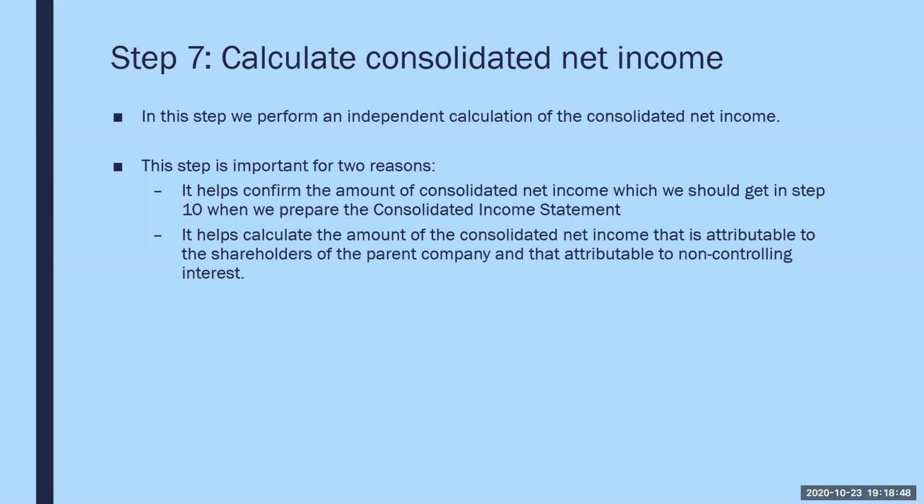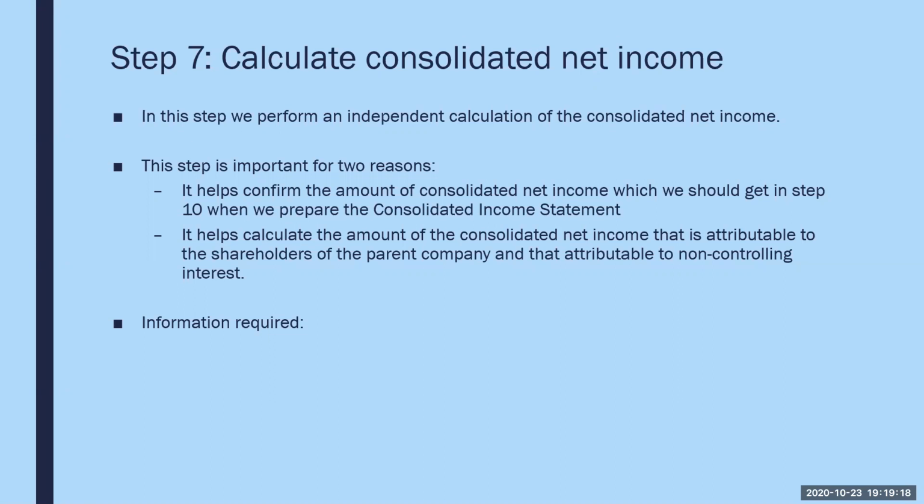Similarly, under IFRS, when preparing the consolidated income statement, the parent company has to disclose the amount of the consolidated net income that is attributable to the parent company's shareholders and to non-controlling interests. So we are not able to calculate that amount without doing step 7.